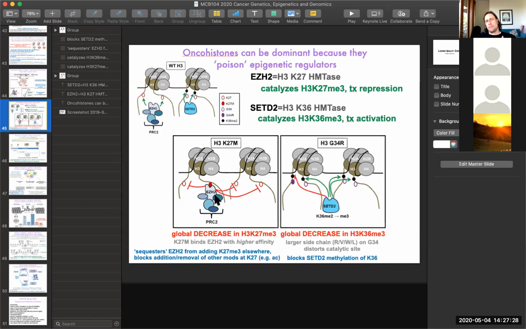So this wouldn't make sense as a mechanism if you had so much of this enzyme that it didn't matter that 1/10 of it was stuck here, and 90% of it could go elsewhere. And that does happen because this is dominant. It could be that only 1/10 of the histone tails have this particular mutation, but it's enough to cause a decreased silencing of other genes.